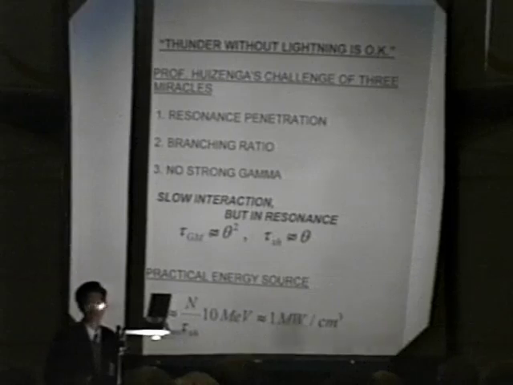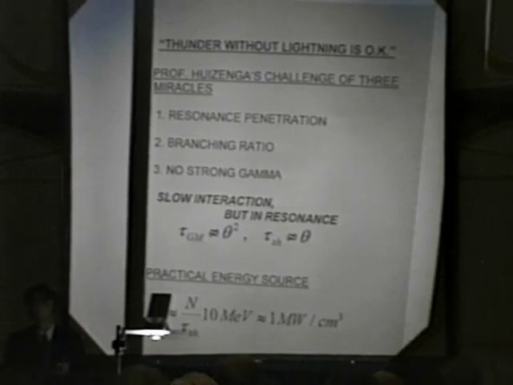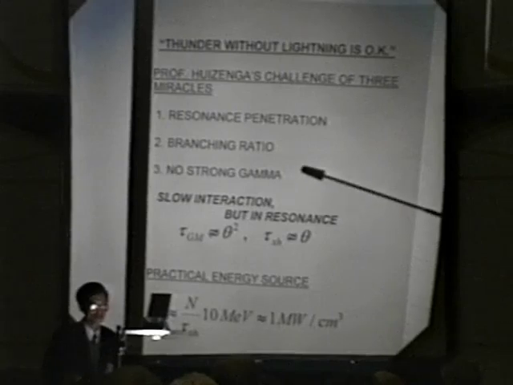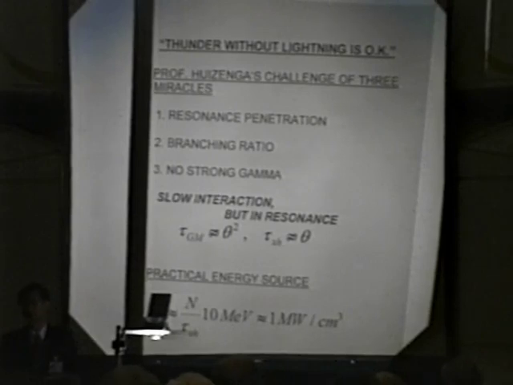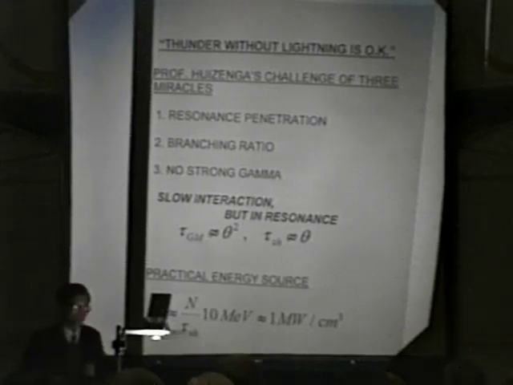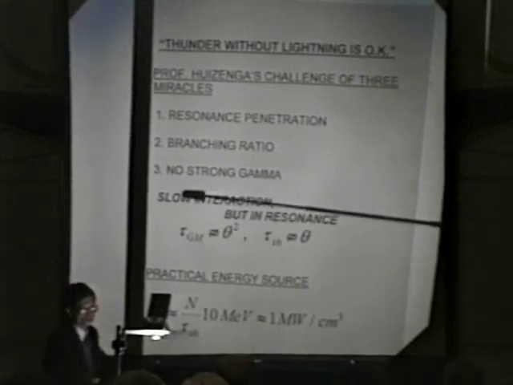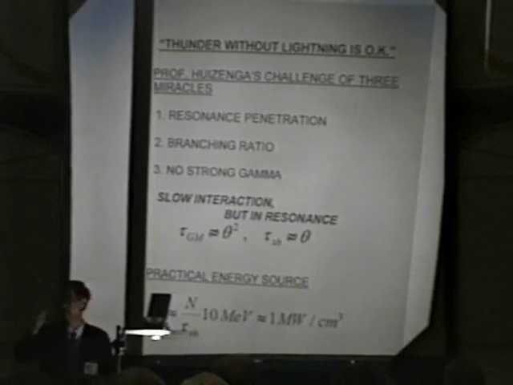Then talk about the gamma. The helium should have the gamma, the electromagnetic radiation. It's a factor of 10 to the 6 weaker than strong interaction, but it's still too strong to be in resonance. So what we are talking about, the resonance, is a kind of very slow interaction with a time constant of 10 to the 4th second.